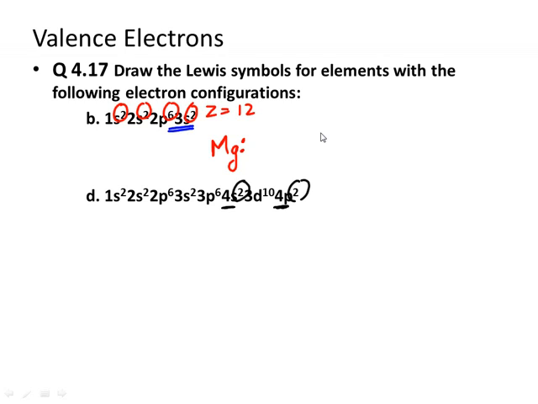So the element that is in period 4 and group 4A is germanium, Ge, and the valence electrons are 4 valence electrons. Here's your Lewis dot symbol for germanium. Let's confirm that this is indeed the case. So count the total number of electrons. Let's take a few seconds.